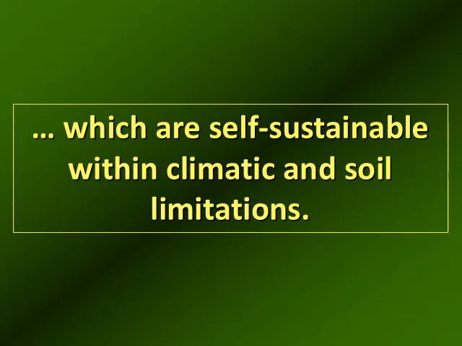So we have to be aware of not only today's climate and soil limitations, but we need to start to predict maybe what the climatic limitations may be in the future and aim to put back a forest ecosystem that will be able to survive or even thrive under those conditions. So this is a very long, rambling explanation of this definition, and the whole thing, in a nutshell, looks like this.